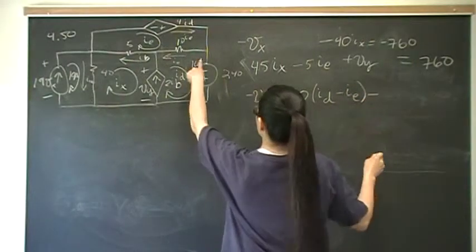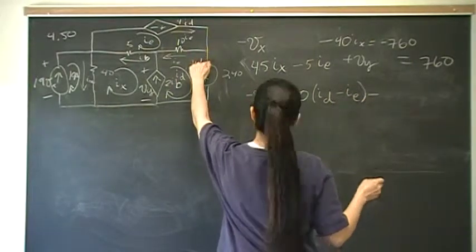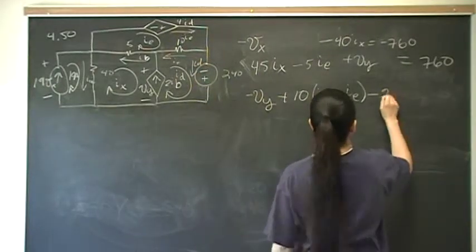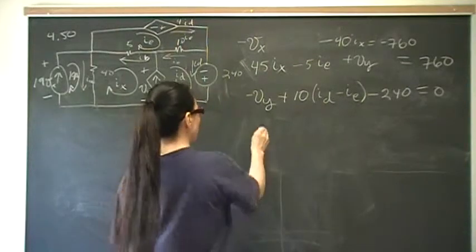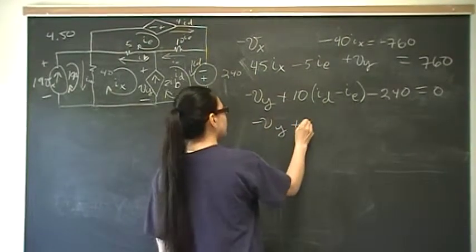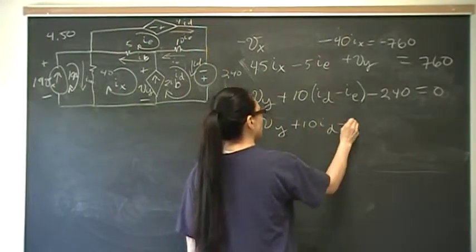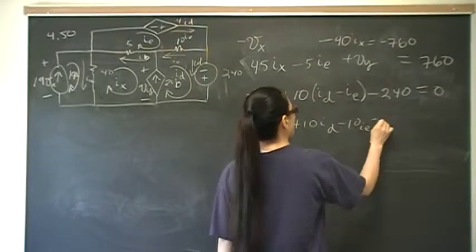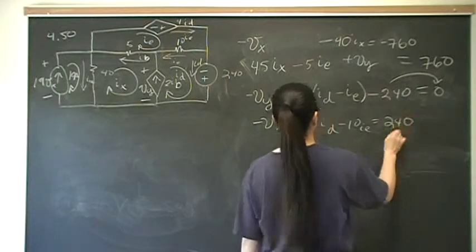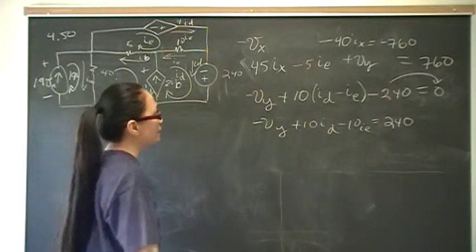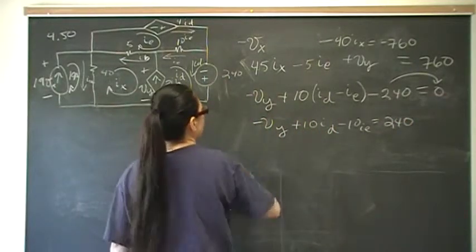And then this voltage drop, the current is entering the negative terminal, so it's going to be minus 240 is equal to 0. So let's simplify this one. So we got negative Vy plus 10 ID minus 10 IE is equal to, let's bring that on the other side, positive 240. And no terms combine, so that is as simplified as it gets.